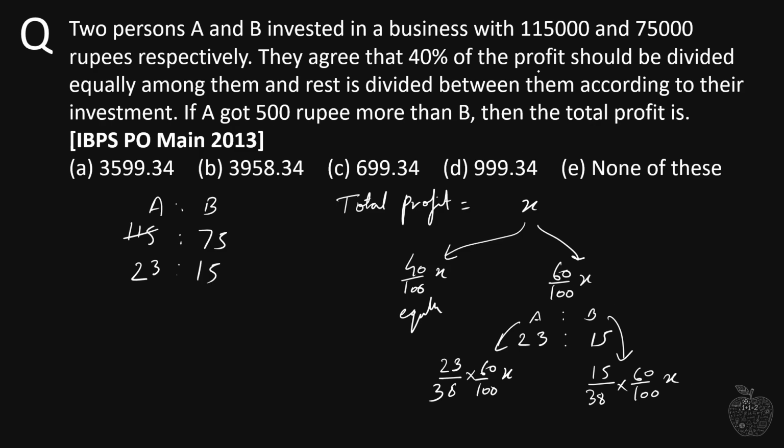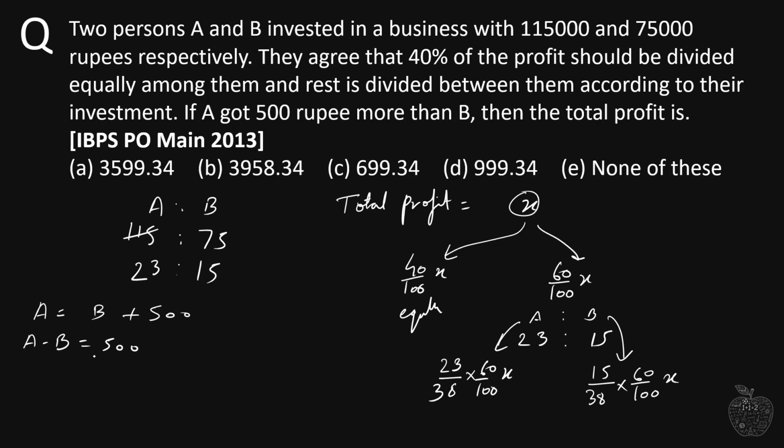All right. Moving forward, we are given that A got 500 rupees more than B, or I can say that A minus B here is 500. What is this question asking us? What is the total profit? So we have to find out the value of X here.